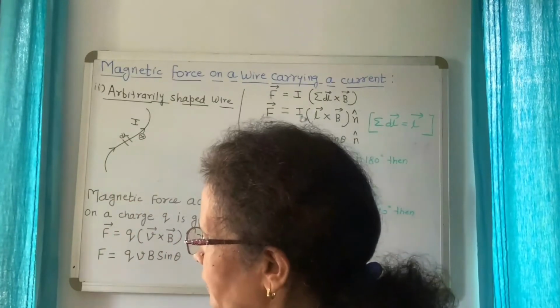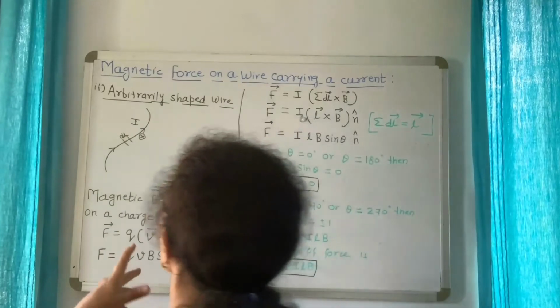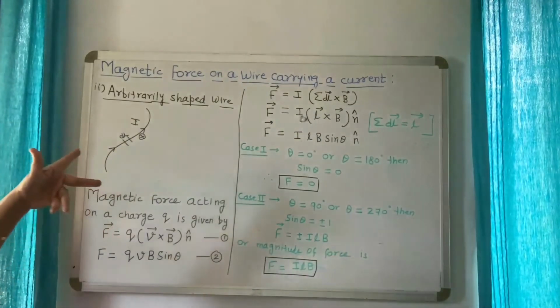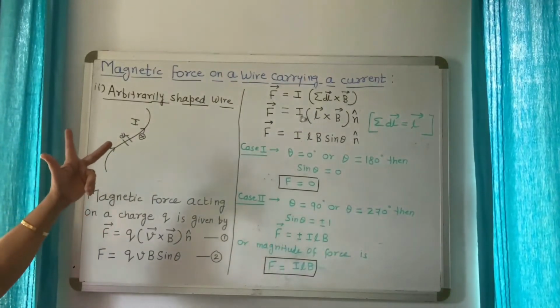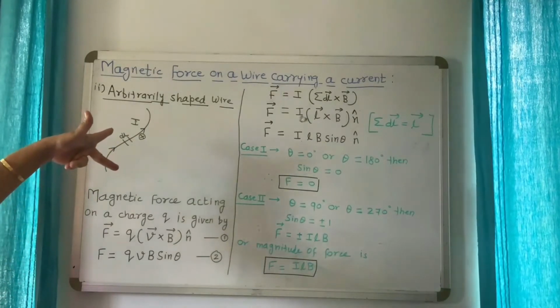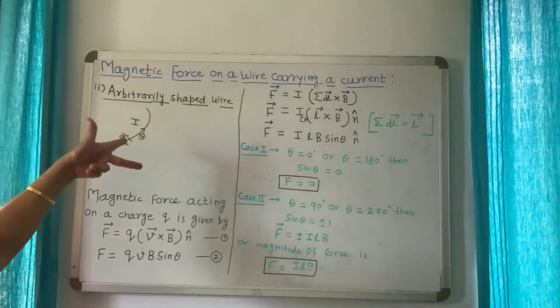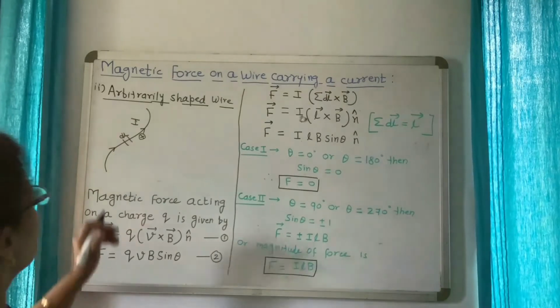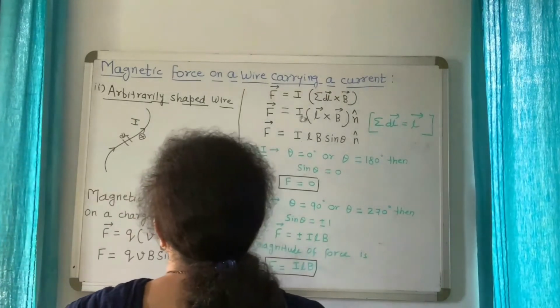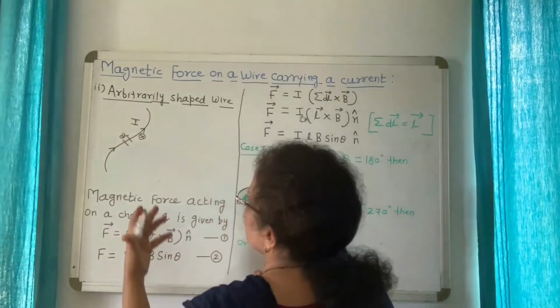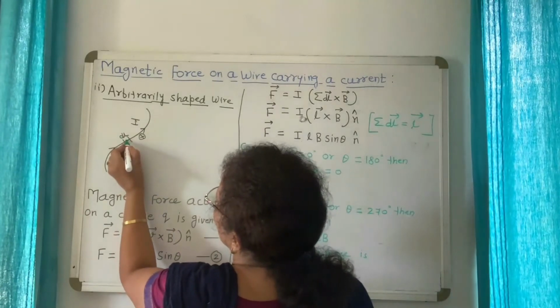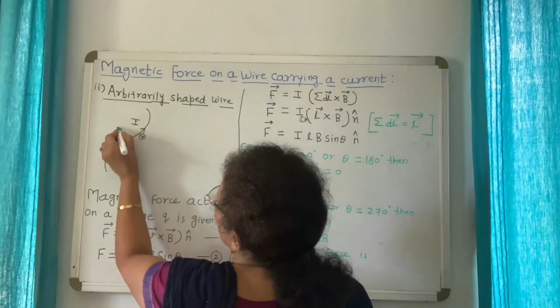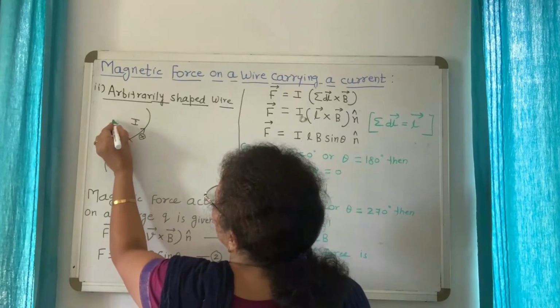Same way, using Fleming's left hand rule, if this is the direction of the current and this is the direction of the field, the force acts in the upward direction on the small length element dl.